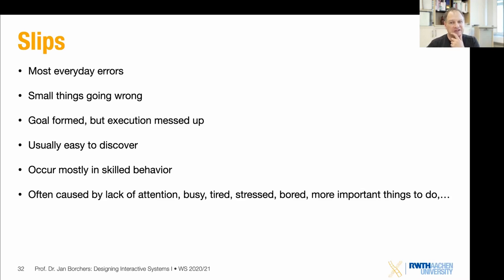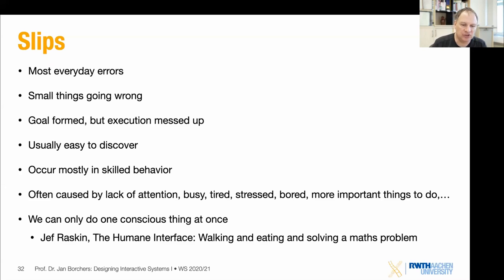It's important to realize that consciously we can really only do one thing at once. Jeff Raskin, who's the co-inventor of the Macintosh, wrote a wonderful book called The Humane Interface, in which he gave this example. He said you can walk down the street and you can eat peanuts and you can solve a math problem in your head.